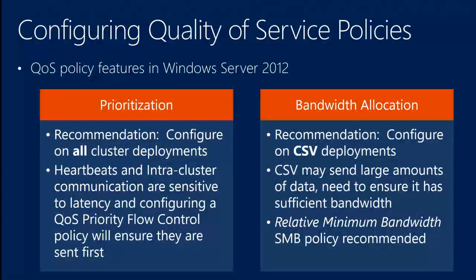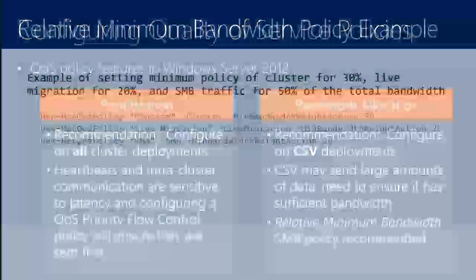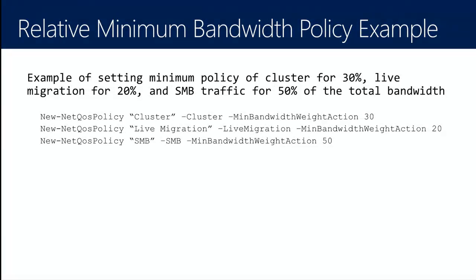If you're using CSV, you may also want to set bandwidth allocation. And if you're going to set bandwidth allocation, I recommend setting the relative minimum bandwidth allocation. CSV in general is just about quality of service, but every once in a while you can have burst traffic, when we're in failure recovery modes. It's the same thing with live migration. Live migration in general is not doing anything, but every once in a while it has some burst traffic.